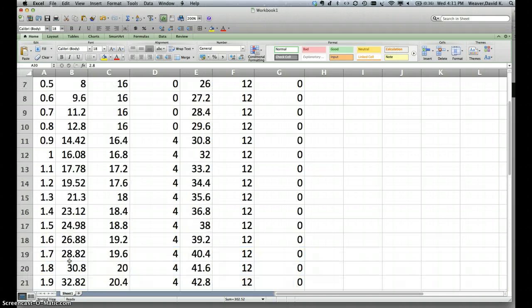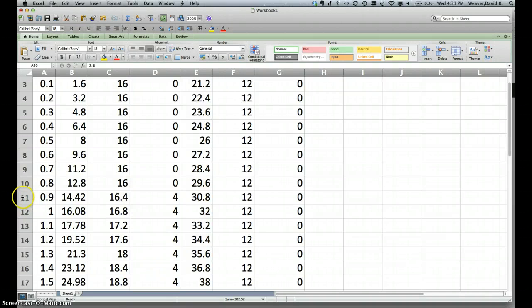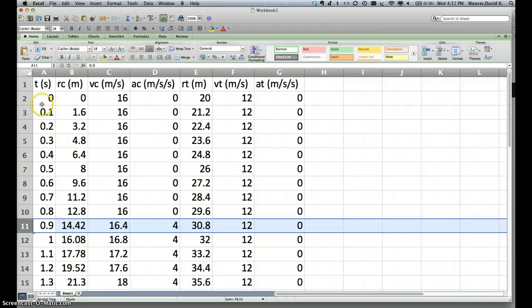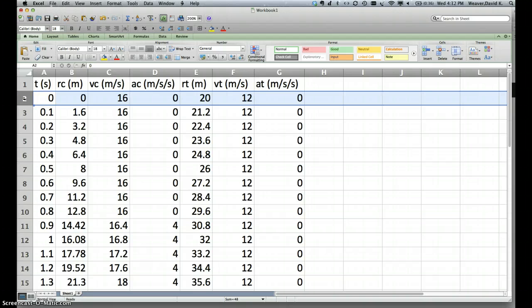The other thing that I would probably want to do is go back here and look for these values, because when we are doing the solutions, we would have, okay, what are T1, R1, V1 for the car, R1, V1 for the truck, and then we would look at the accelerations in between. Since these are given, that's fine.